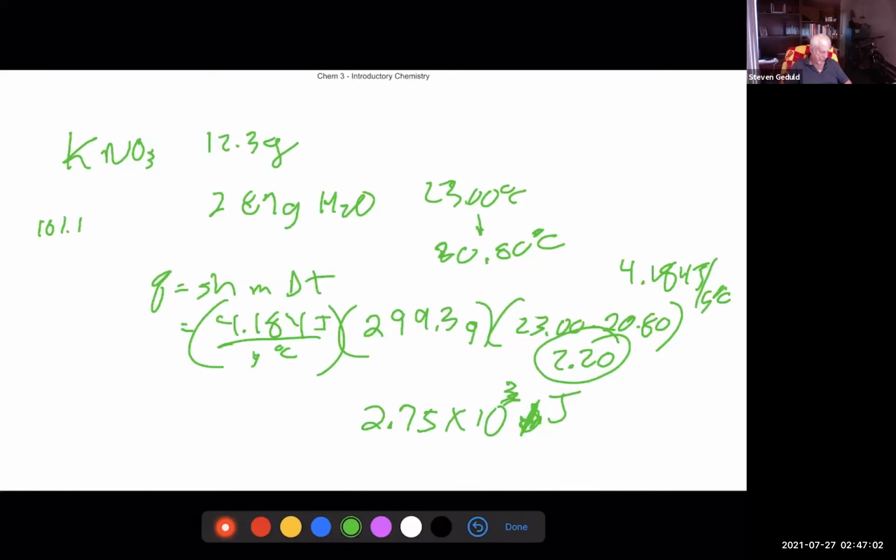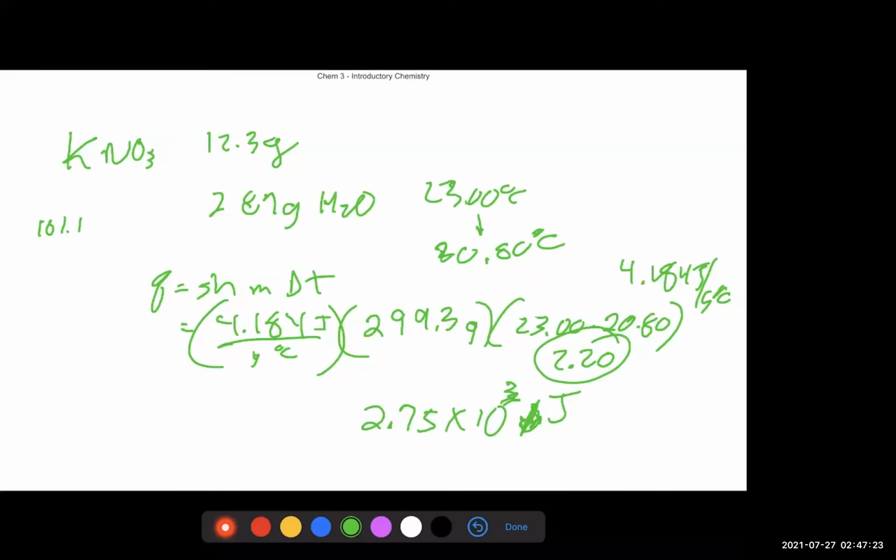What is the enthalpy for the reaction? Oh, I got how much heat is produced. Okay, that makes sense. I don't know if I mixed up the numbers or something. For the 2.75 times 10 to the third joules for the first one, it's actually wrong.